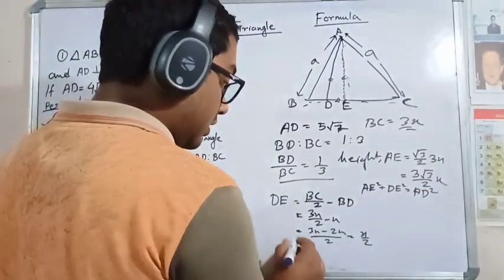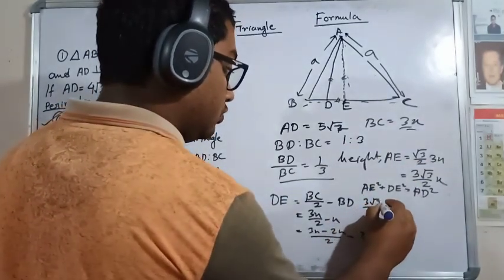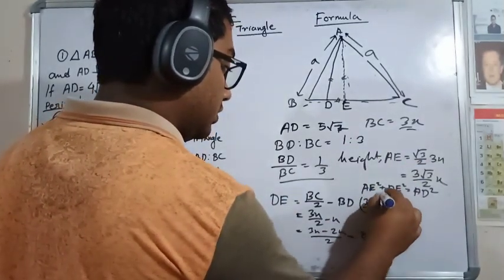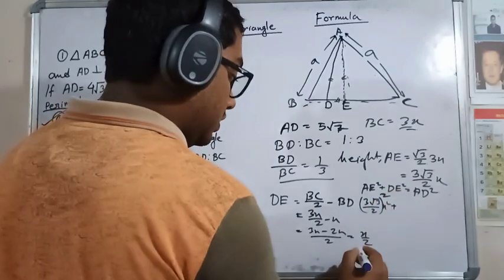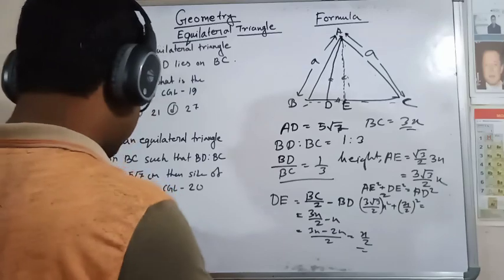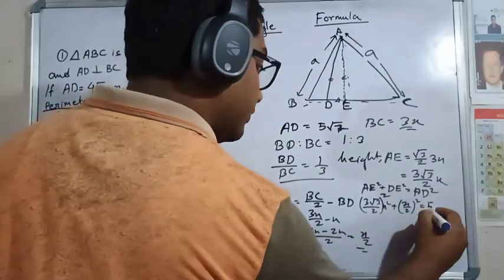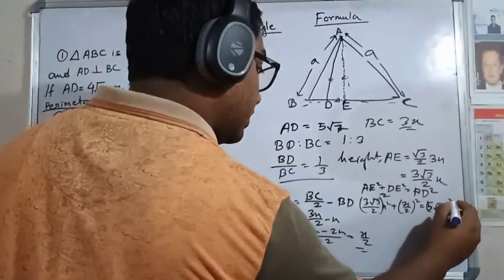So AE is 3 root 3 by 2 x, the square, and DE is x by 2, the square, and AD is 5 root 7, so 5 root 7 the square.